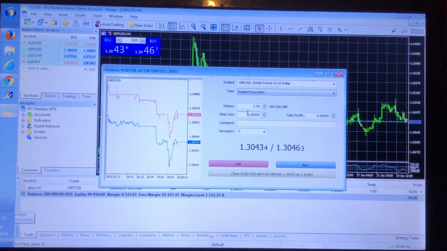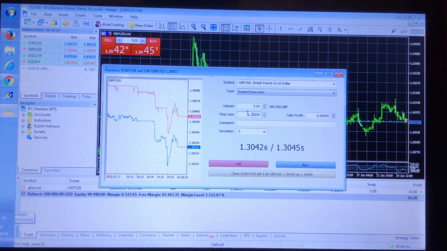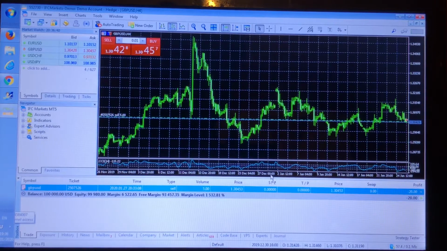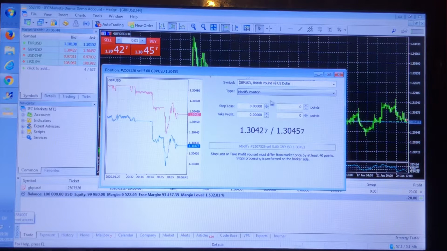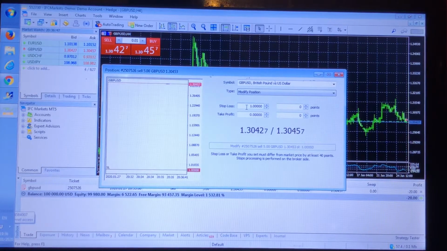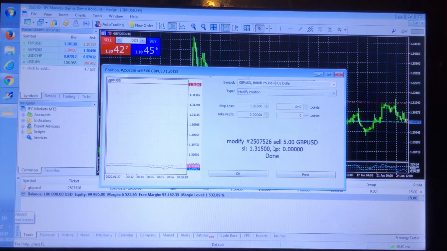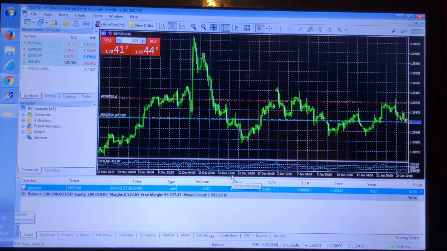I would say stops at 1. Okay, so we just put the stop loss on. Still not got a take profit.